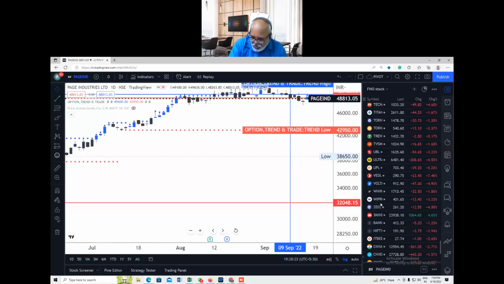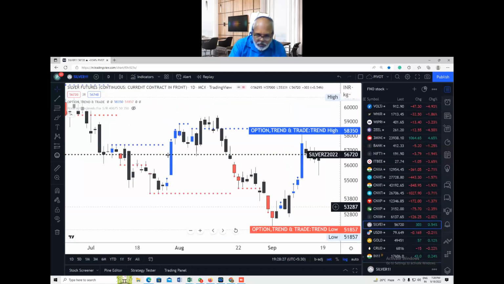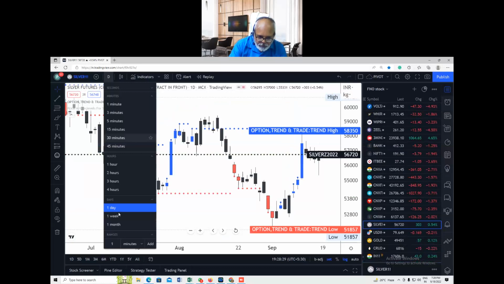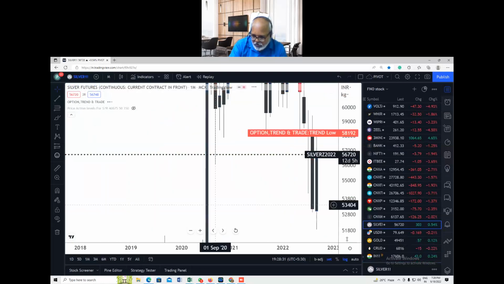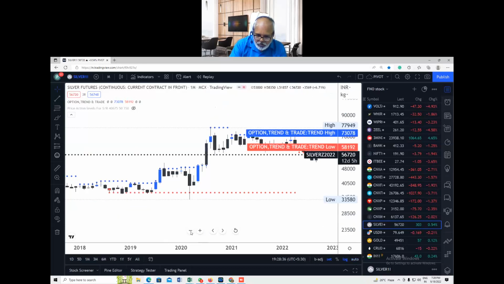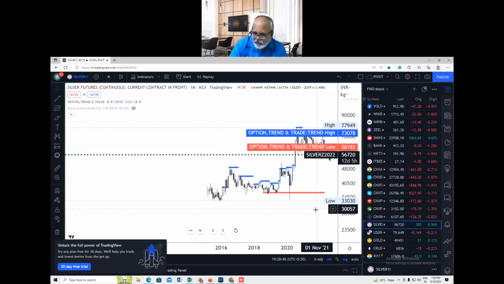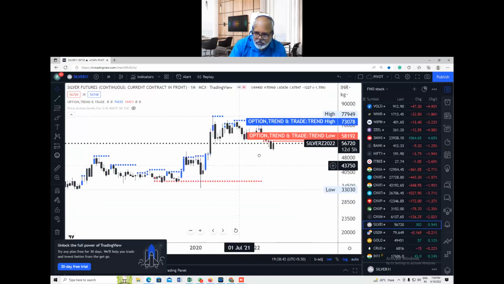Now I can show you the silver micro trend candle, and if I look into the monthly chart, it will be very evident that the overall scenario of silver micro is bullish. So you can see that you're not getting any red candles in between.